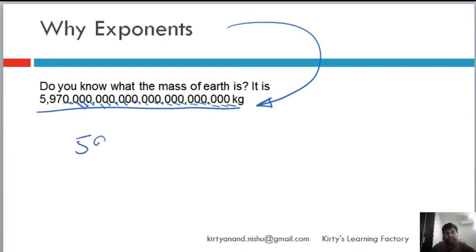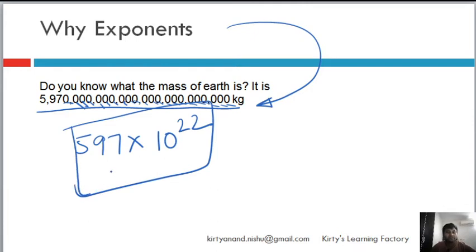So we can write it as 597 into 10 raised to the power 22. That's what this number is, and that is why we use exponents. Now we have expressed this number like that, and suddenly if I have to do a calculation, things are kind of easier. How they will become further easier, that I will cover.